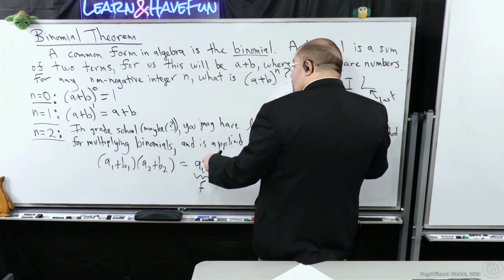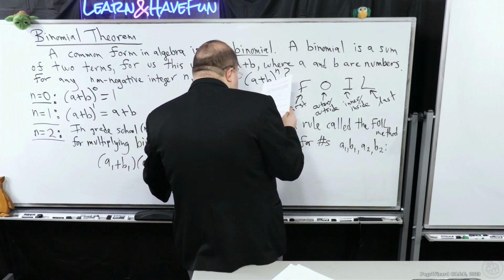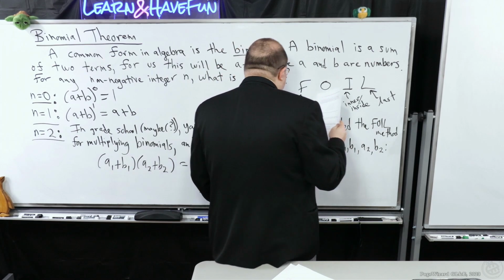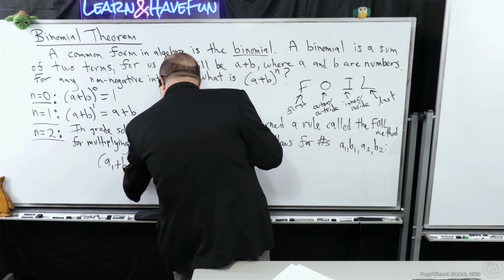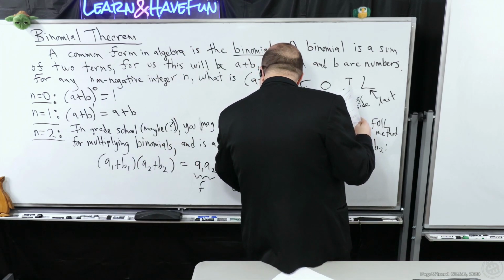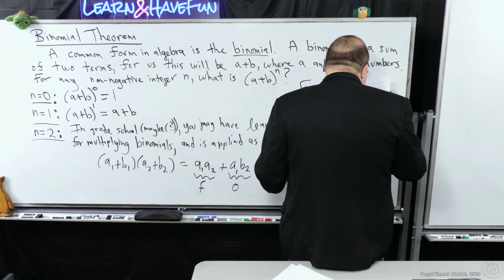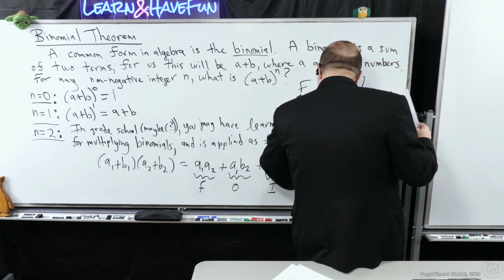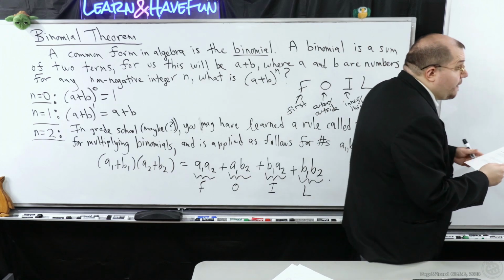Then you go outer, so we have a1 times b2, there's your O part. Next, you have the inner part: you take the two inner terms, b1 and a2, so this is the I part. And the last, we take the last two, b1 times b2, there's your L right there. So that's how you would apply FOIL.